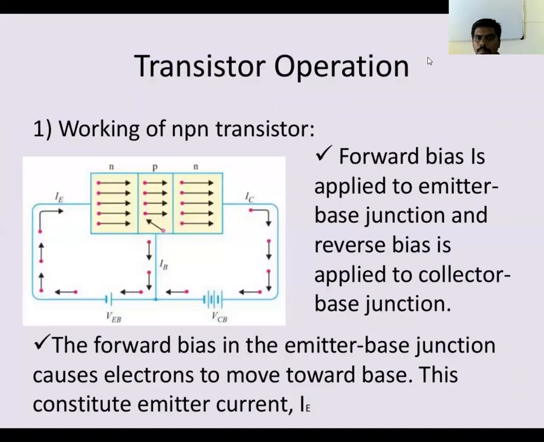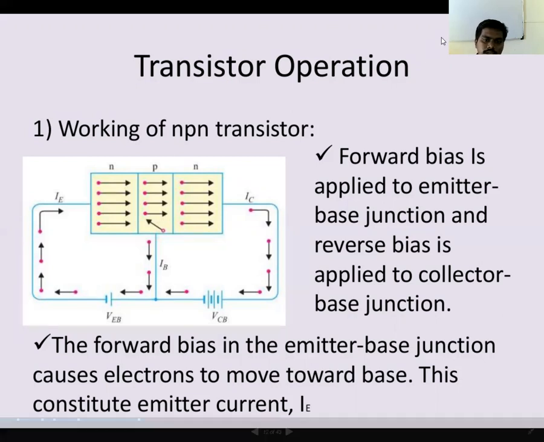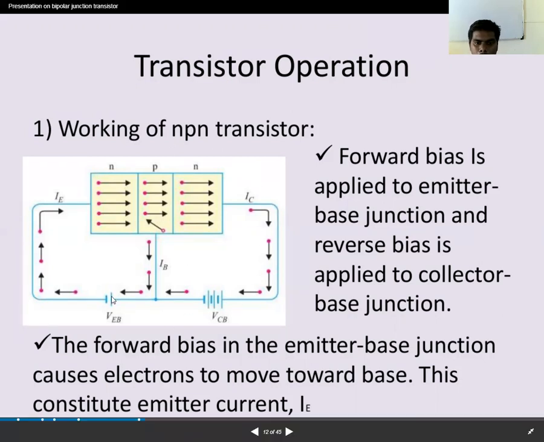Now we will look at the operation of the transistor, BJT. Firstly we will look at the NPN transistor working. Here you can see a circuit diagram. There are three layers N, P, N. The P layer is sandwiched between two N layers.